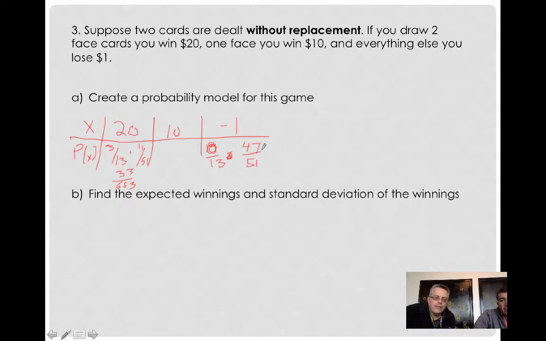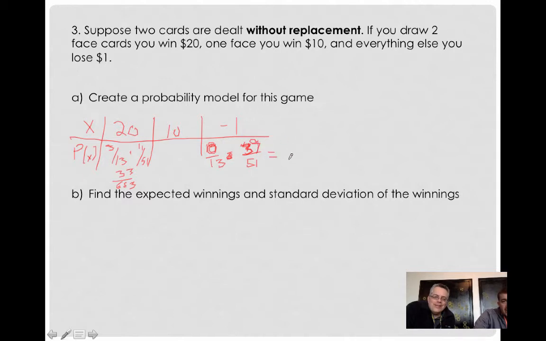Wait, where did the 47 come from? Originally there are 40 cards that are not face cards, and I took one away. So now it's 39 out of 51.